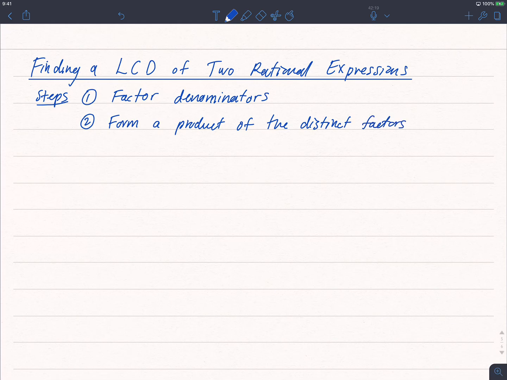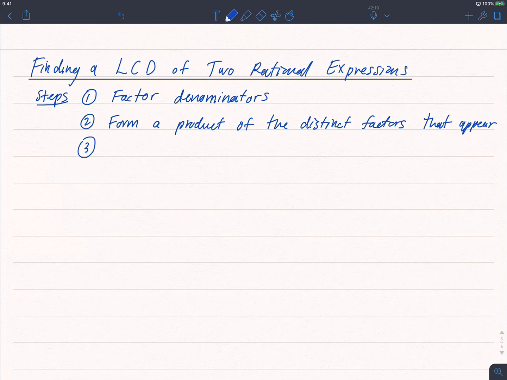And so, of course, an example will illustrate exactly what we mean by this. So we're going to form a product of the distinct factors that appear in the factorization of each of the denominators, of course.